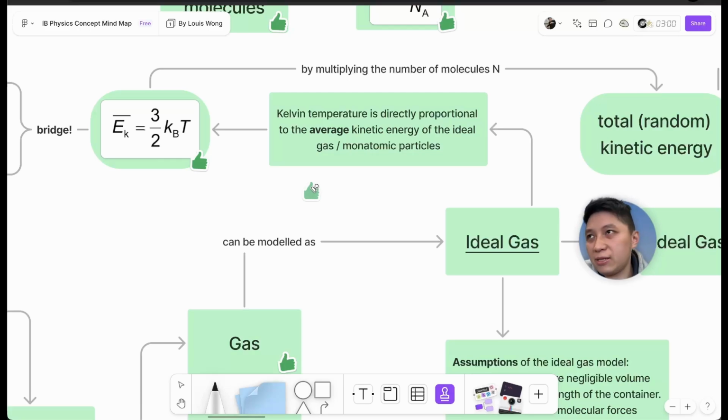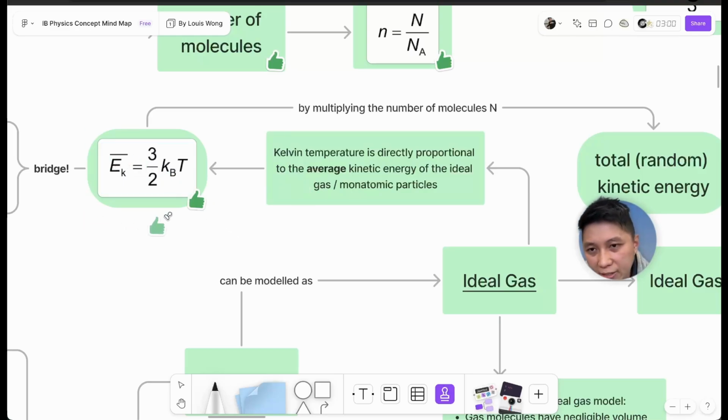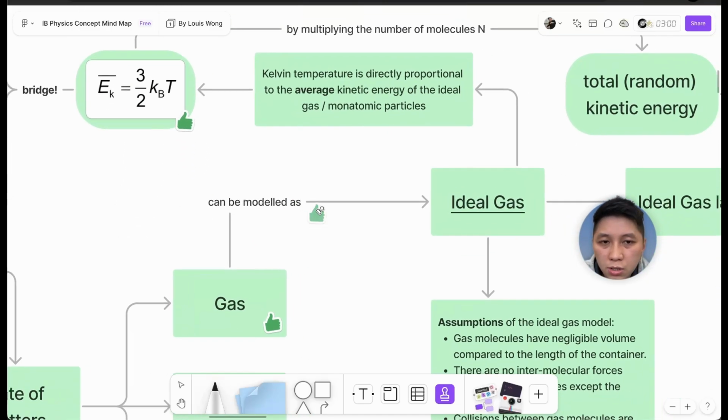So perhaps it's something like 1.7 meters, let's say. That is a good approximation of one single person's height in your class. It is not equivalent to the total sum, that would be ridiculous. If you want to calculate the total height, then you have to multiply by, say, 20 people, so 20 times 1.7. Same idea here. If you want to find the total kinetic energy, then multiply by N. This is just the average.